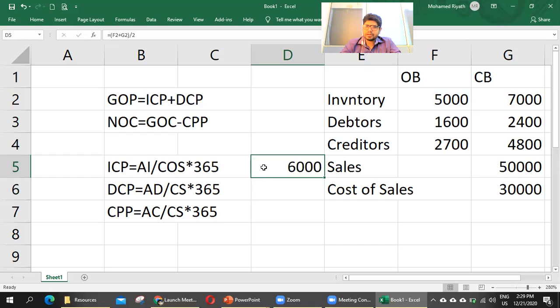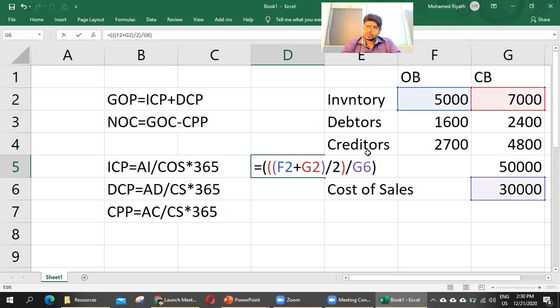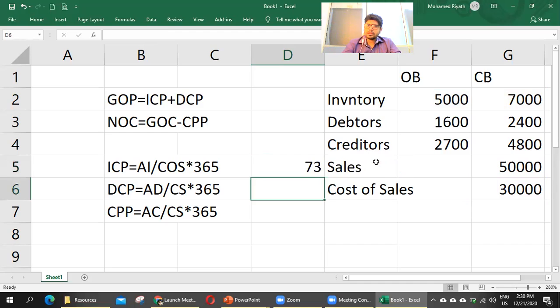And cost of sales is 30,000. Divided by 30,000 and into 365, how many days? 73 days inventory conversion period.